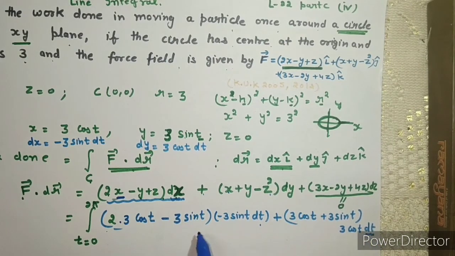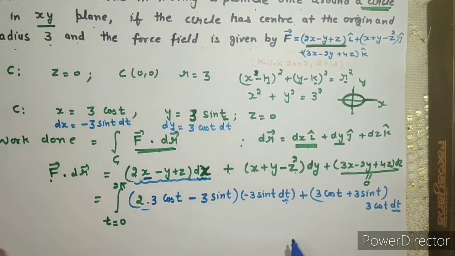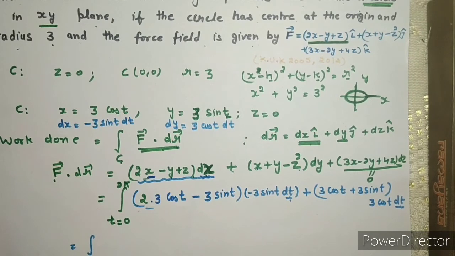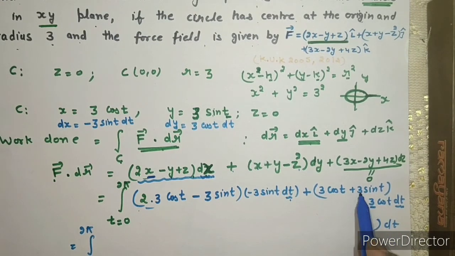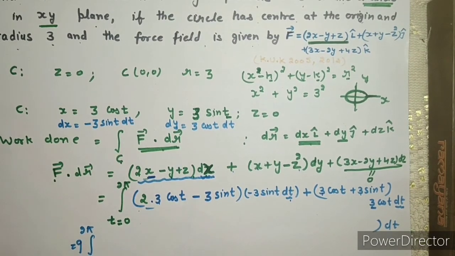अब dt is here, dt is in this term, so you can take dt outside. So this is limit of t is 0 to 2 pi. So take this dt outside. 3 is here, 3 is here, 3 is here. तो 3 3 जा 9 हो जाएगा. So you can take 9 also outside from every term.